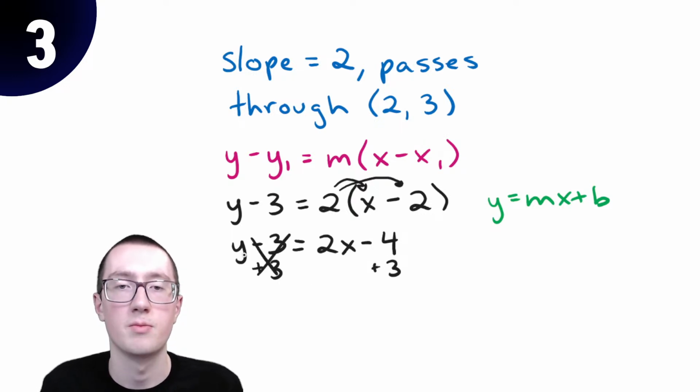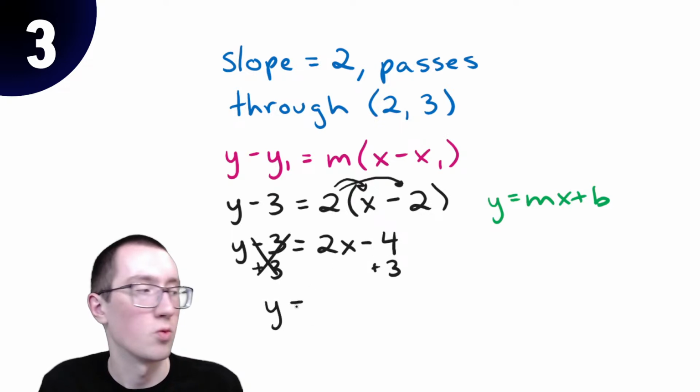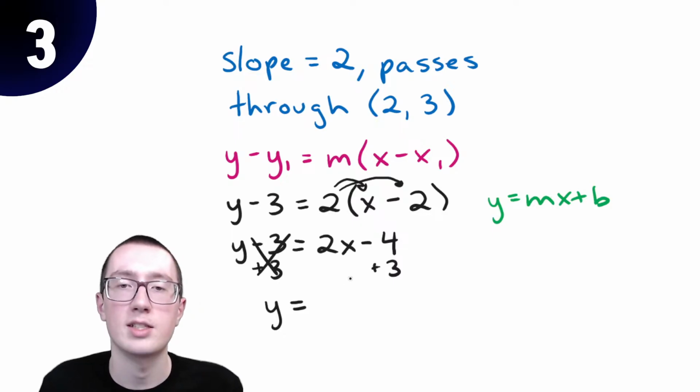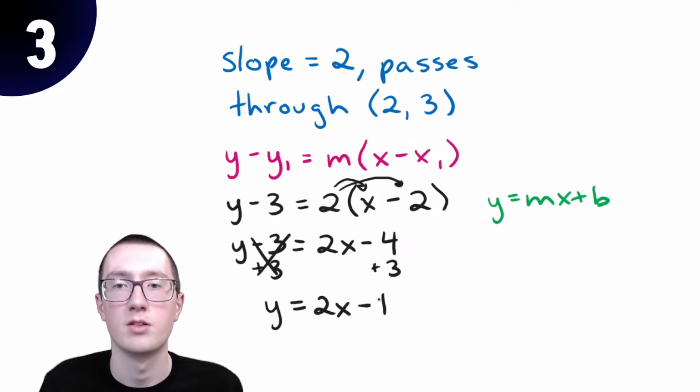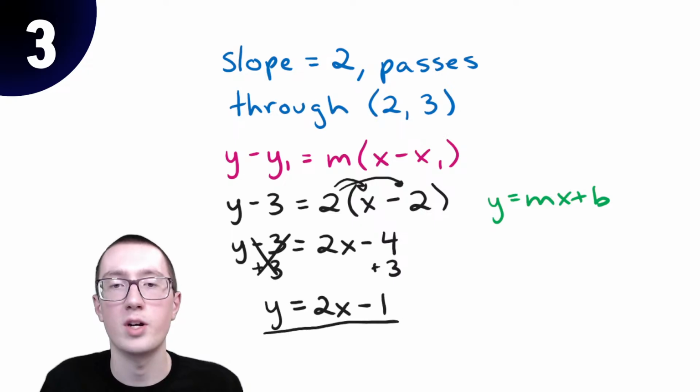These cancel out, and on the left we just have y. On the right side, the 2x just stays on its own. Here we have minus 4 plus 3. Using the dollar analogy, we lost 4, and then we got 3 back, but we're still down 1. So it's going to be minus 1. And this is our final equation for this.